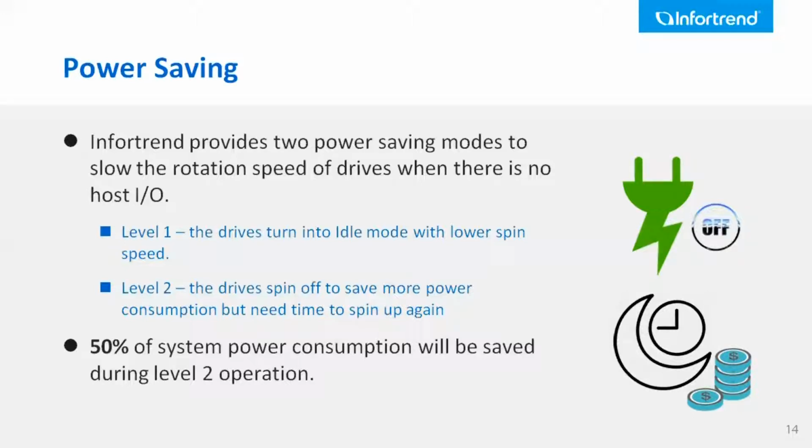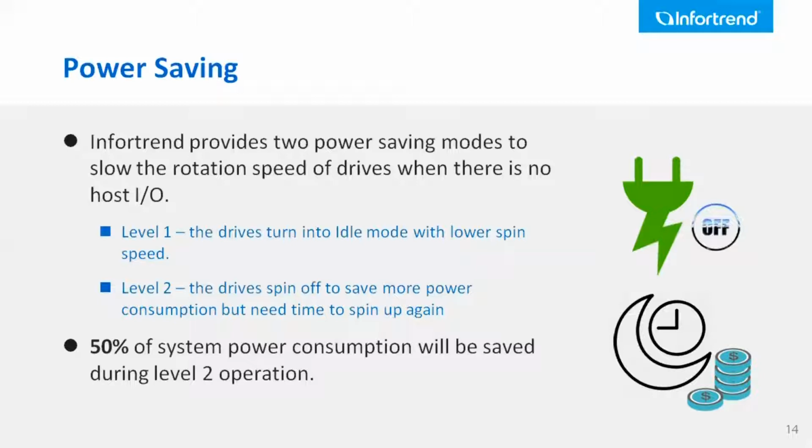In level 2 mode, it can even save almost 50% of system power consumption. This power saving design is a very good function highlight for users whose concern is energy saving. By far, with Infortrend RAID technology based on hardware RAID, Infortrend already provides small-medium business products with enterprise technology.